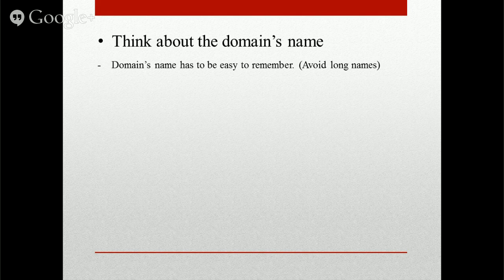With that, maybe it's easier to remember for customers that don't know the name of your shop. Especially if it's a new shop, it's good to have two domains, one that is the name of your shop, and another that represents the product that you sell.